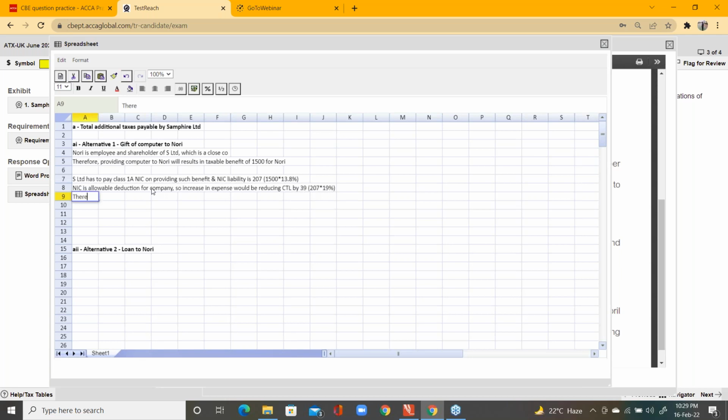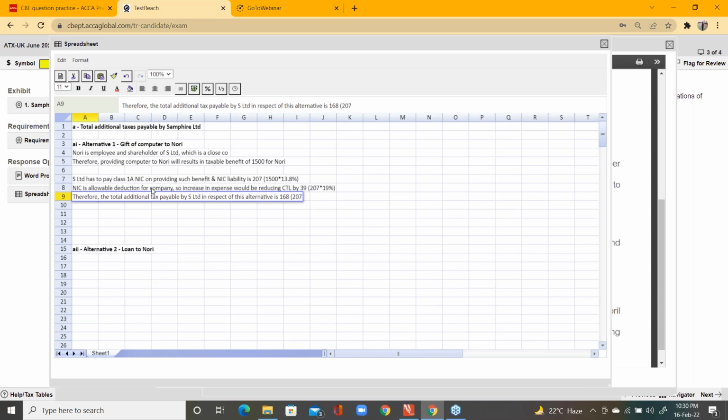Therefore, the total additional tax payable by S Limited in respect of this alternative is 168. Why?